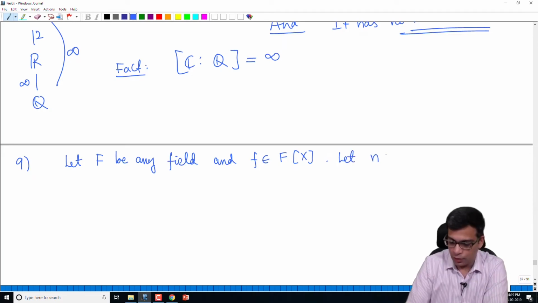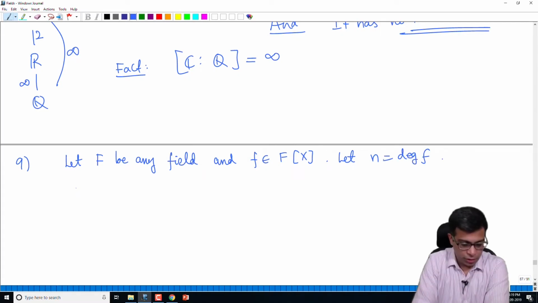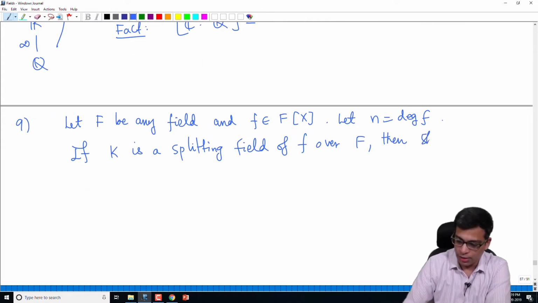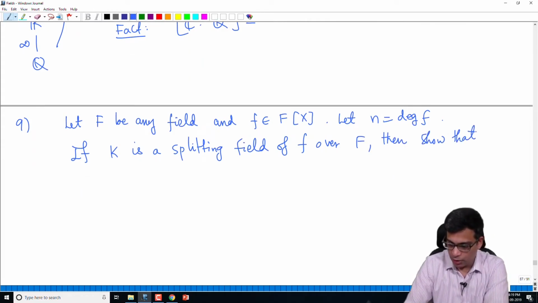Let the degree of f be n. If K is a splitting field of f over F, then this exercise is asking you to show that the degree is bounded by n factorial.